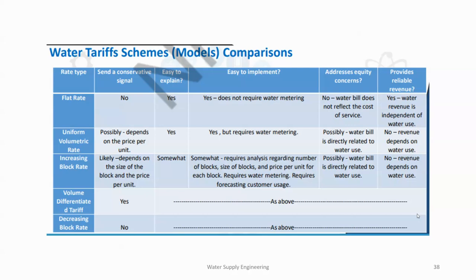Okay. So this is just a comparison between different methods. So here if we see among these, except flat rate and decreasing block rate, all others send a conservative signal to the consumers.